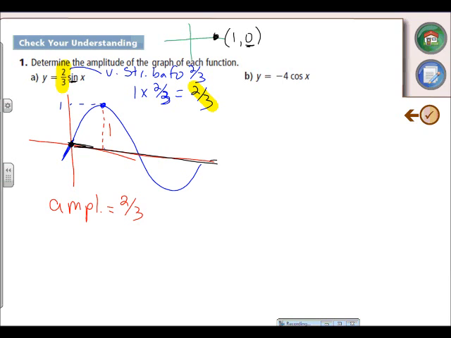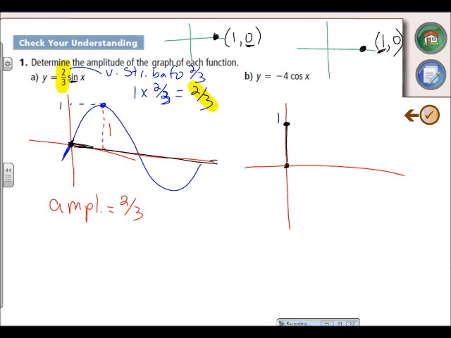Y equals negative 4 cos of x. Well, let's look at cos of x again. Cos of x, let's go back to our unit circle. Where does it start? At 0, cos is the x-coordinate. So it starts at an angle of 0. It's going up to 1.